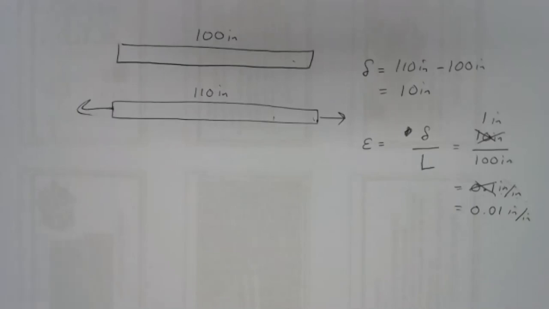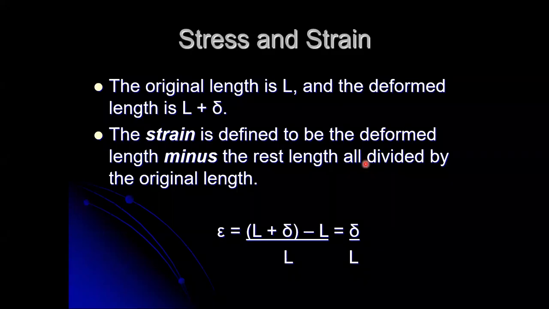So that's the definition of strain. So we've got stress and we've got strain. Stress is created by force when force is applied. The material responds by straining. Strain is deformation. It's what happens at the molecular level to add up to the overall change in length of the member.